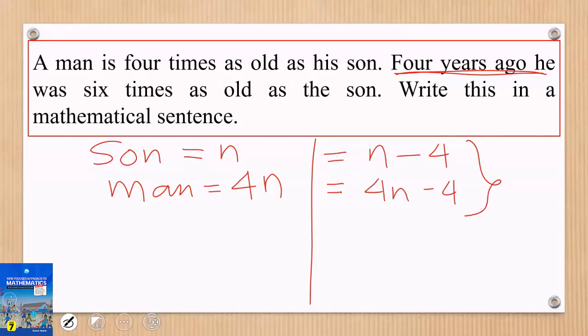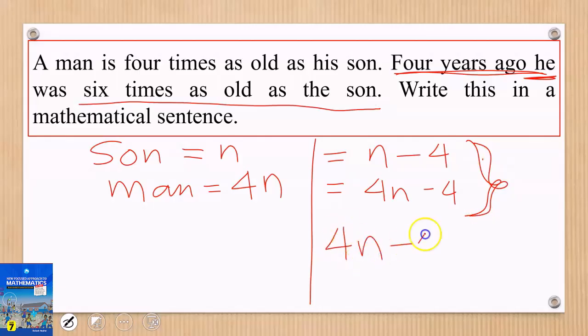Now I'm going to conclude the sentence. 4 years ago, the man was 6 times as old as his son. So 4 years ago, the relationship between the two will be the man is equal to 6 times the son.